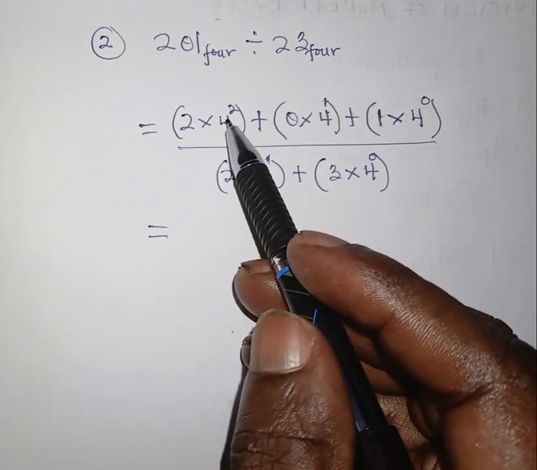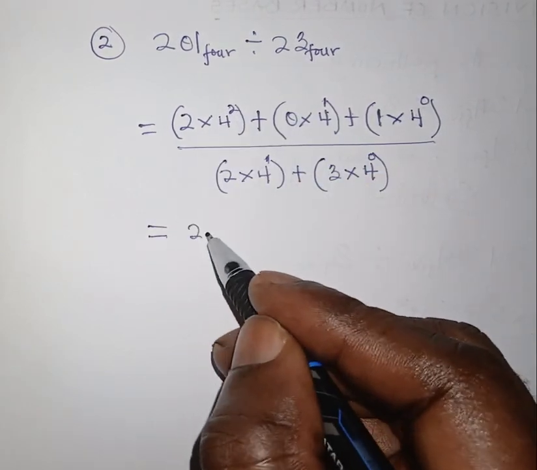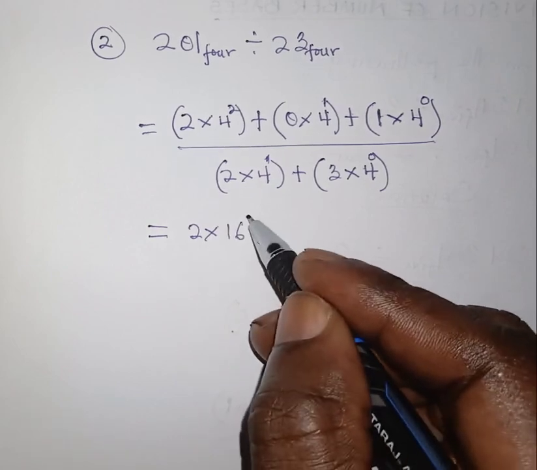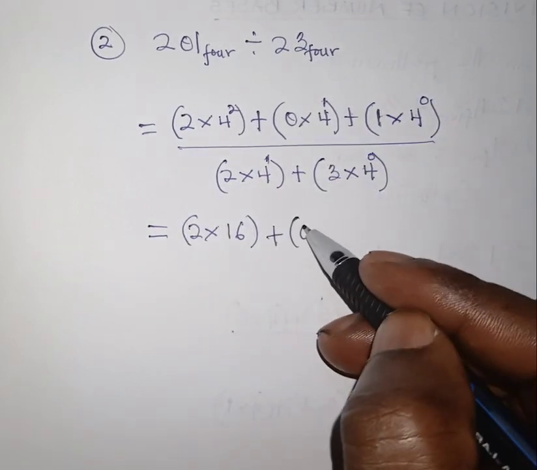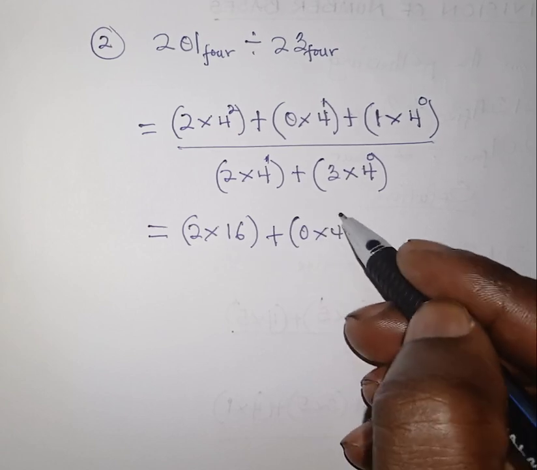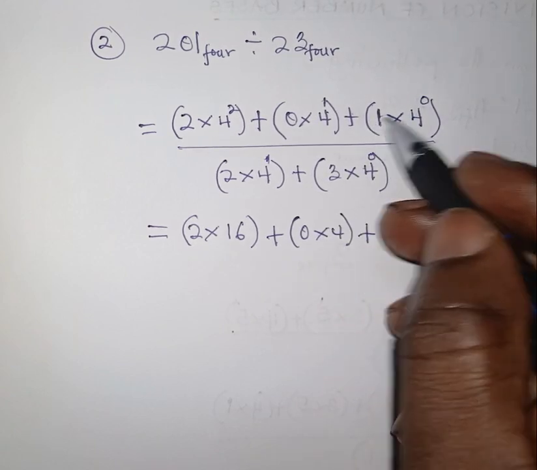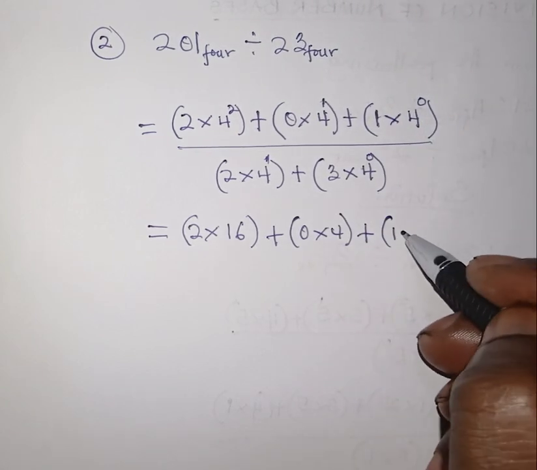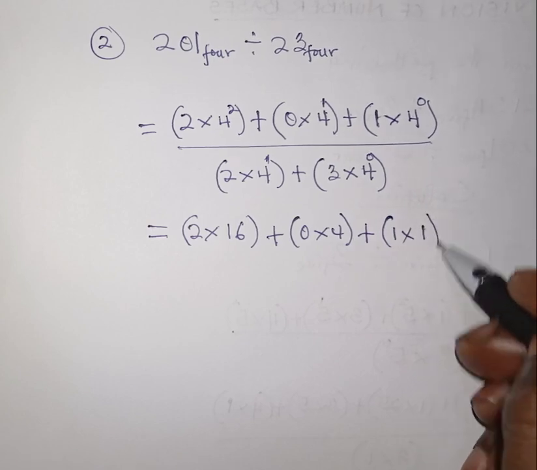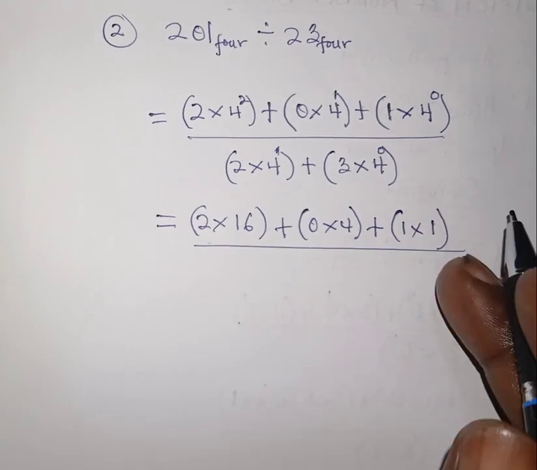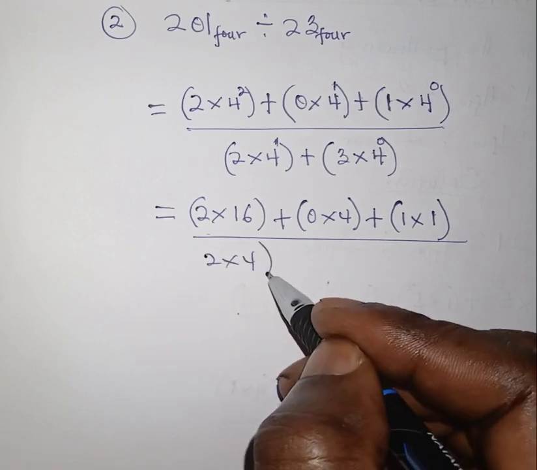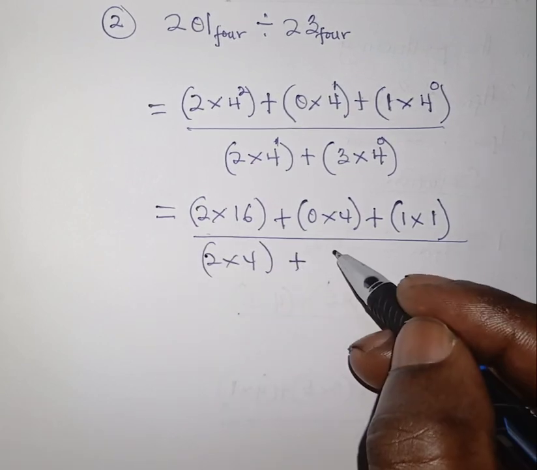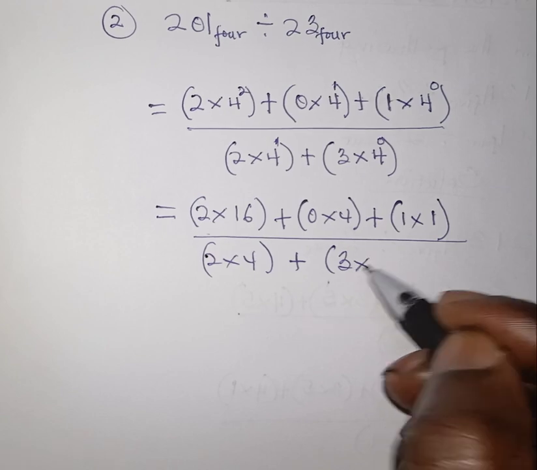Now we know that 4 squared gives me 16, so 2 times 16 plus 0 times 4 plus 1 times 1, all divided by 2 times 4 plus 3 times 1.